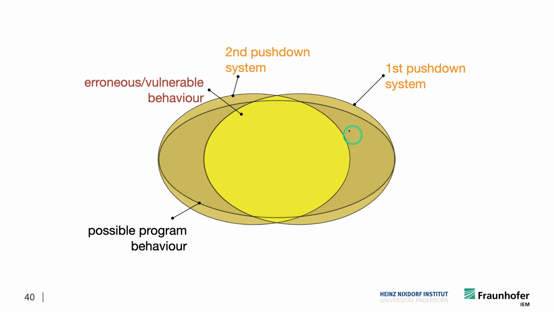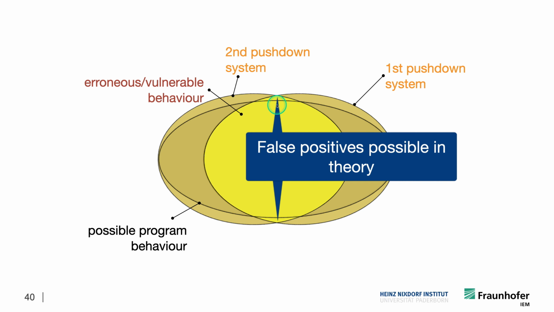So this almost exactly models the erroneous situations that we are after, except for these little false positives that we see here, right? And there are false positives that are possible in theory, but as I will show you on the next slide, these barely ever happen in practice, or they only typically happen in some obscure situations. And that's probably then good enough for us, right?